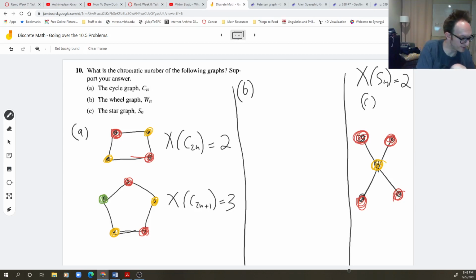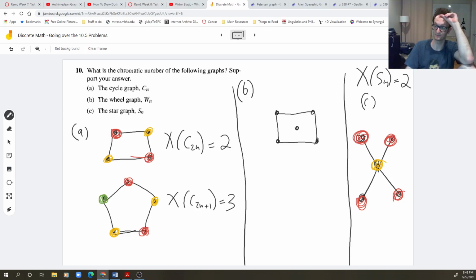So now let's do wheel. I'm panicking and I'm doing something dumb here, but I don't think so, because I think that wheel graphs are just cycles with a dot in the middle. So I guess it's going to be the same thing, right? It's going to depend on whether the thing is even or odd.